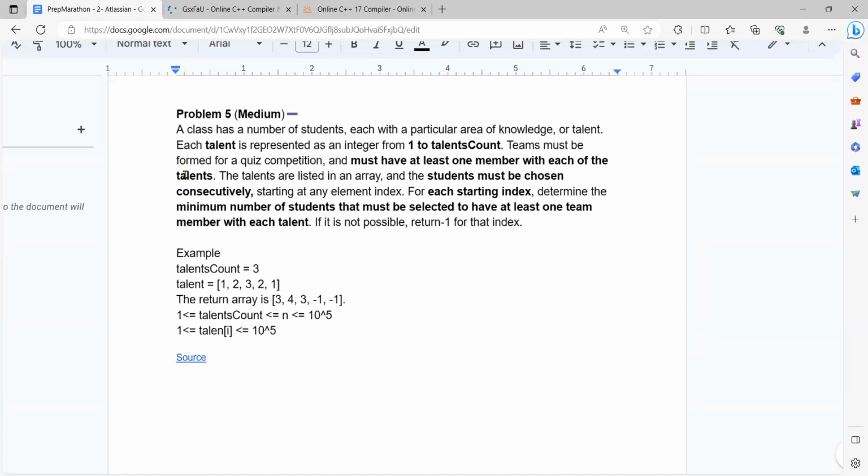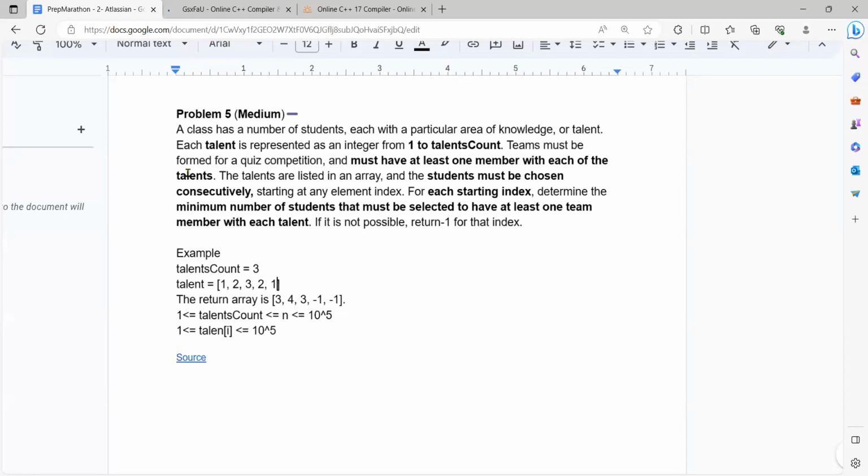So for this problem, how will you actually solve this? First tell me, what is the worst time complexity allowed in this situation?